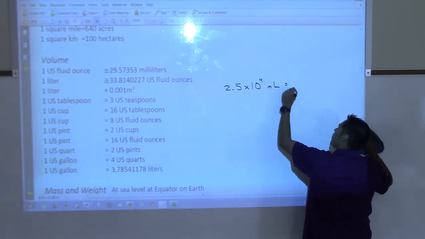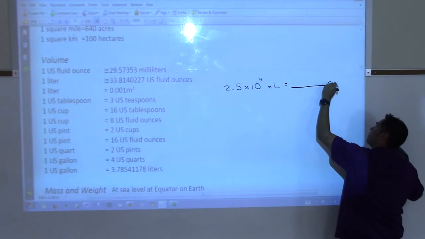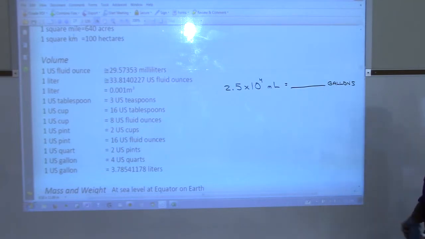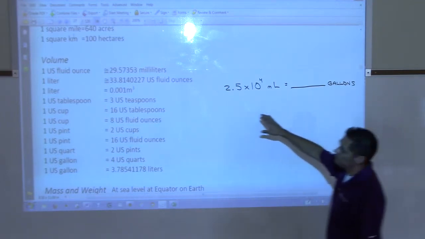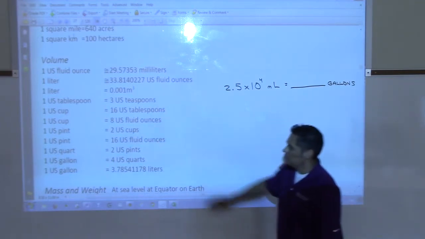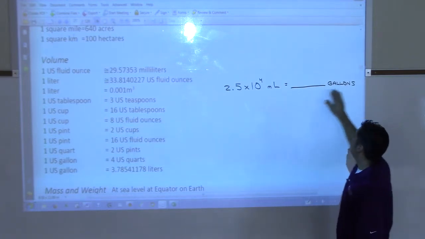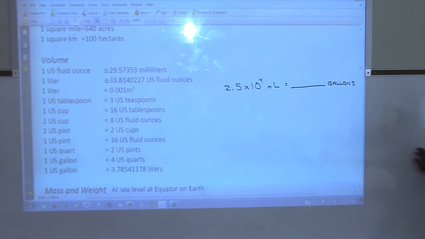I want that over to gallons. And this is all you're given over here. So I gave you a number in scientific notation. I told you that's how many milliliters we have. And I want to know how many gallons this is.